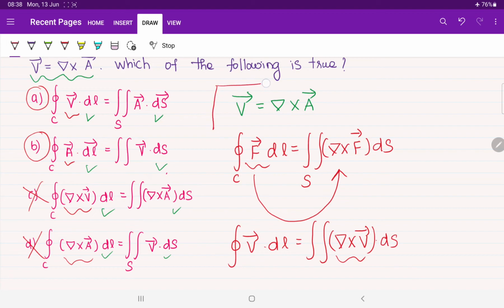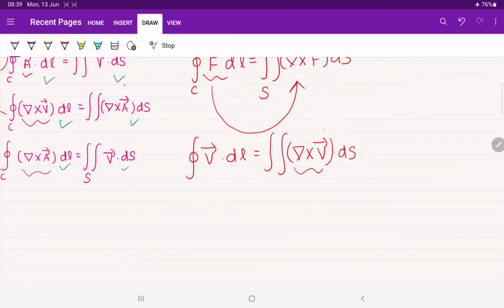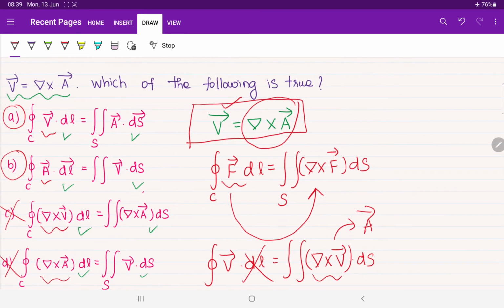No sir. The given relation is V vector equals del cross A vector, so del cross A can be replaced by V vector, but I cannot replace del cross V by A vector. So this relation is absolutely wrong if I replace it by A vector, because this type of relationship is not given in our question.